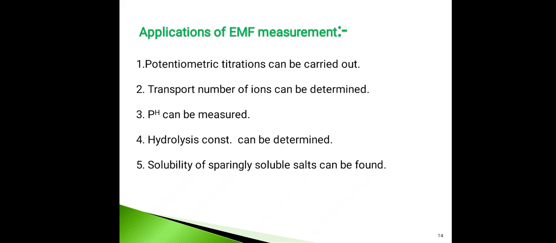Next, the long wire AB is connected to a cell of known EMF, that is the standard EMF, and the other cell of unknown EMF, which is the sample to be determined.